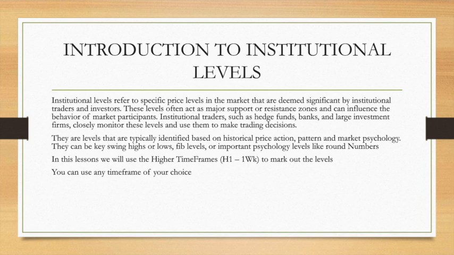There can be key swing highs or lows, fib levels like the 0.1 level, the 50% and others, or important psychological levels like round numbers. You should have learned this one in ICT.